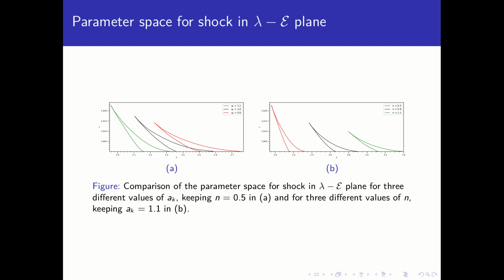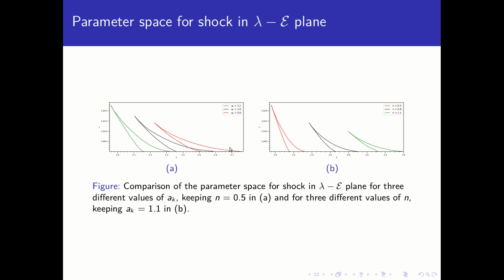This is the parameter space plot in the lambda-A plane for which we can get the shock solution. The first figure represents three different values of A_K. The green one represents spin parameter 1.1 and the red one represents spin parameter 0.1. But in figure B, the red one represents a lower value of the Nernst parameter and this one represents a greater value of the Nernst parameter.